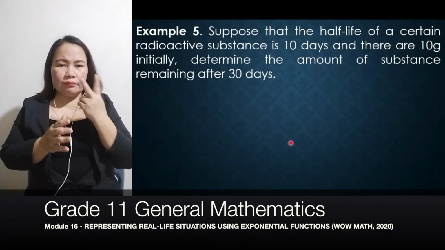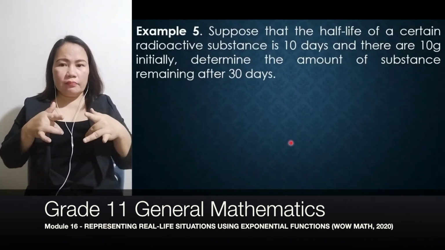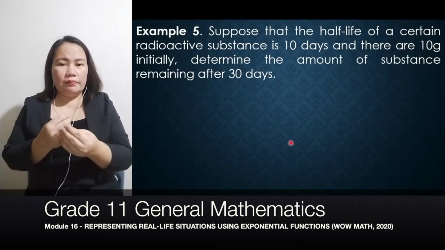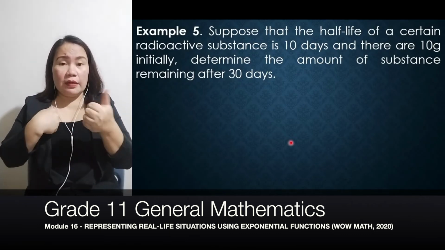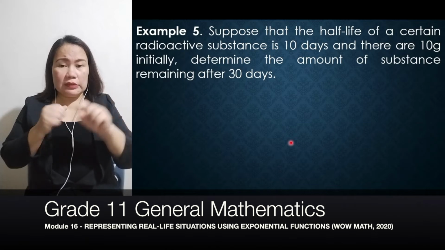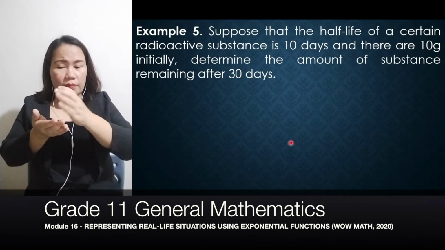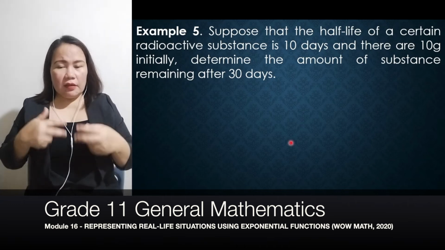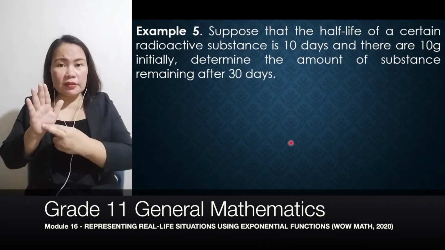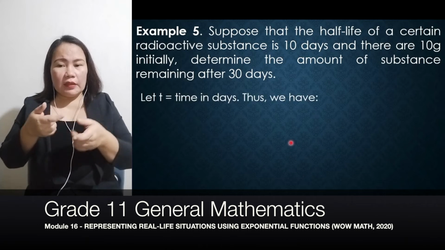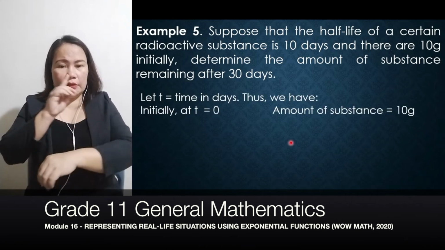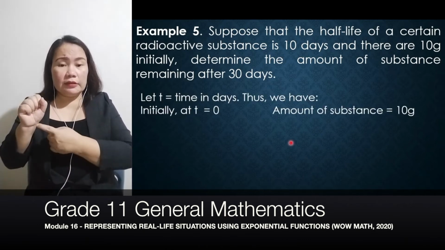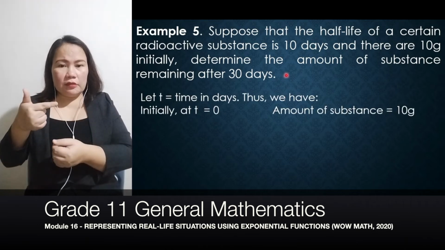Okay, for example, suppose that the half-life of a certain radioactive substance is 10 days and there are 10 grams initially. Determine the amount of substance remaining after 30 days. So let's have first a representation in a certain time, no? At the start, the amount of substance is 10 grams. Mag-half-life siya, no?